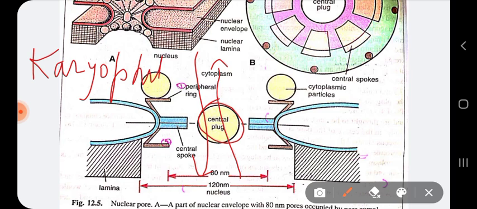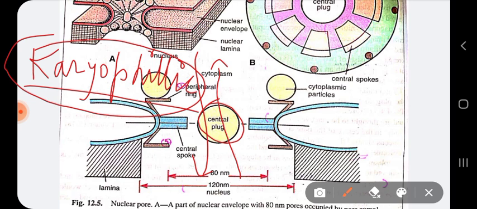Karyophilic proteins have a molecular structure like signals. These proteins maintain signals, or nuclear import signals, that enable them to accumulate selectively in the nucleus.